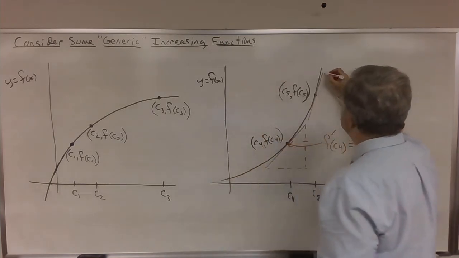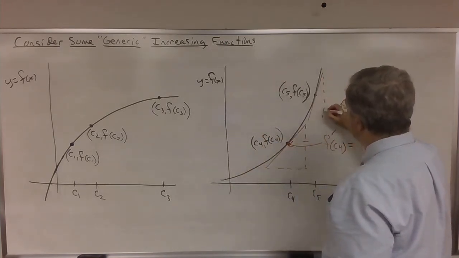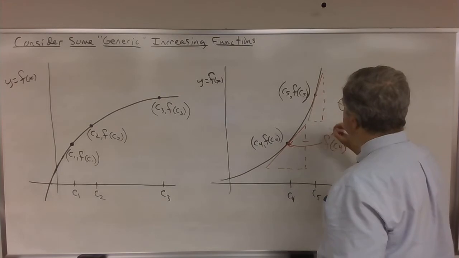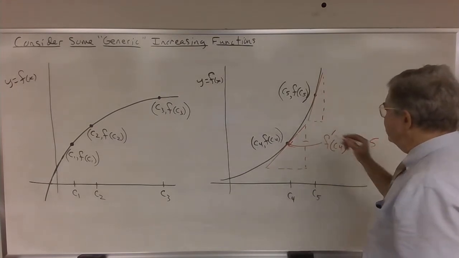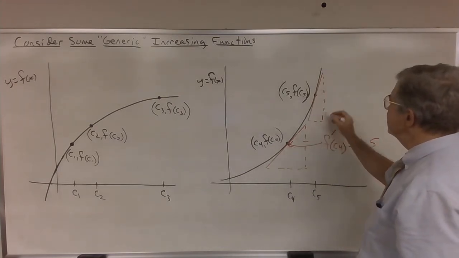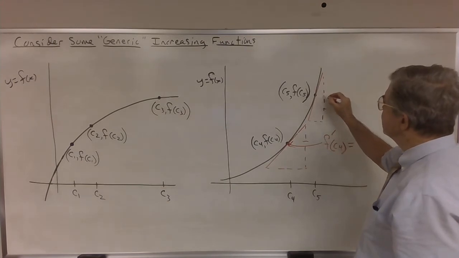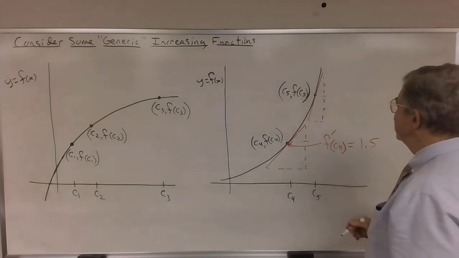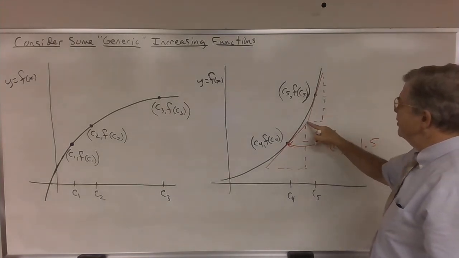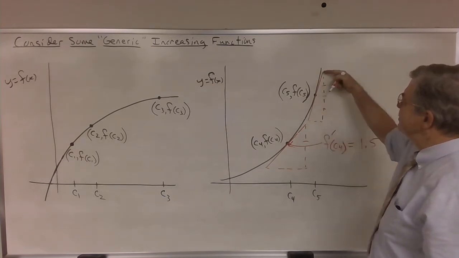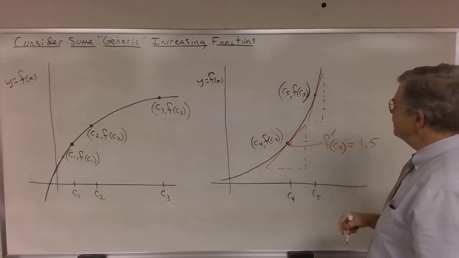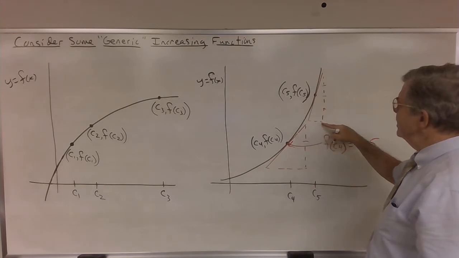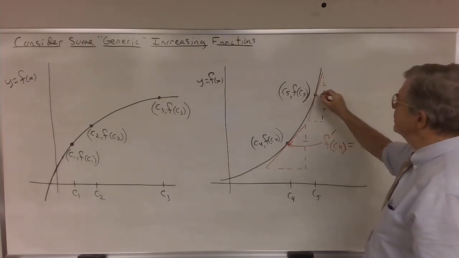Okay. And if I call this 1 unit, then it looks like as I go from this endpoint of the tangent to this endpoint of the tangent, I go over 1 unit and I go up about 4 units.